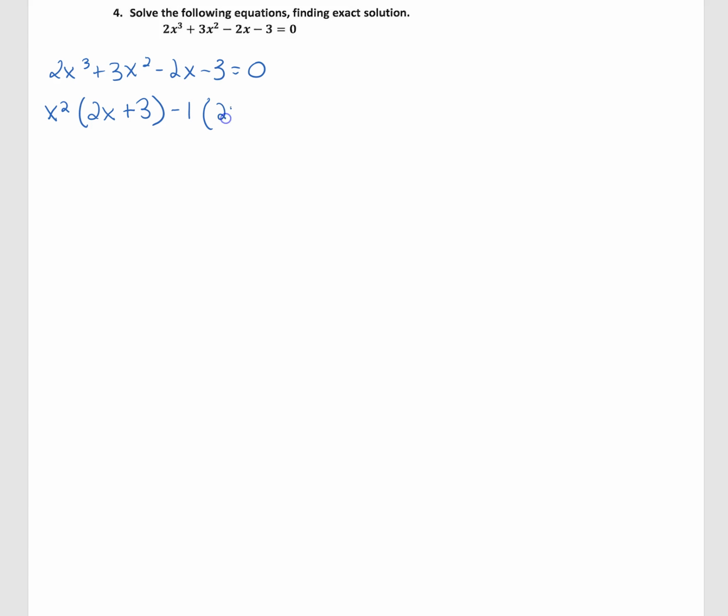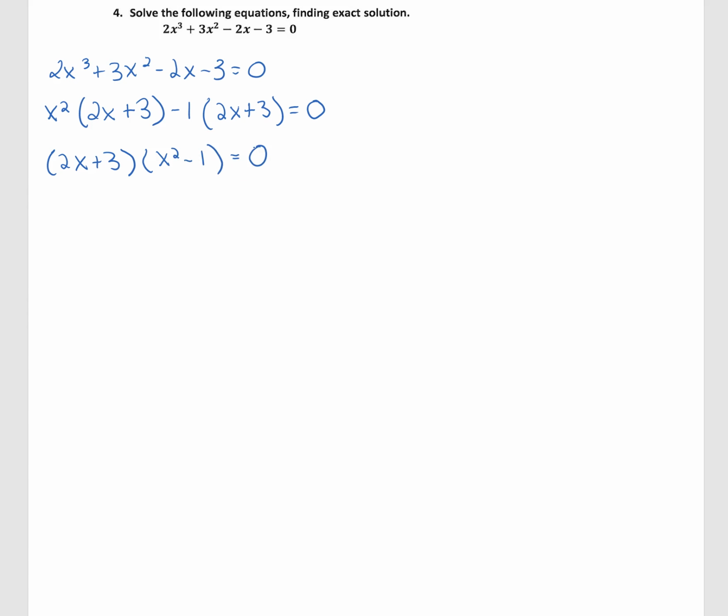So that leaves us with 2x here and a plus 3 as well. So that's great. Now we have a 2x plus 3 in both of these terms. So I'm going to bring that out to the front. And factoring that out of these two terms leaves us with x squared minus 1 here.